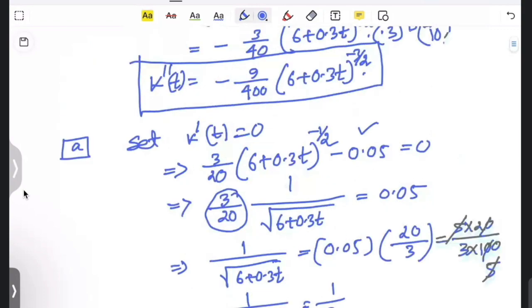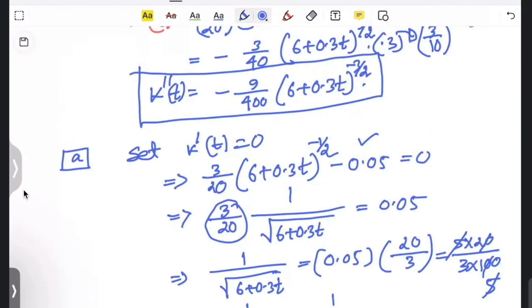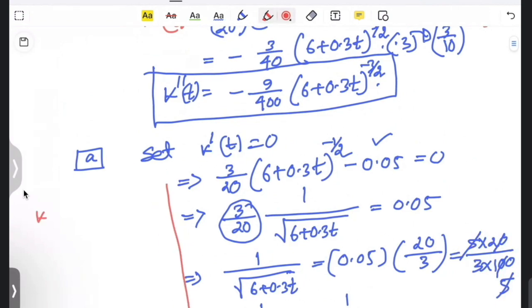So put the value t equal 10 in the second derivative. Second derivative of 10 equals minus 9/400 into (6 plus 10 into 0.3, which is 3) to the power minus 3/2. You see, this negative sign indicates that for any value of t, k double prime will be negative.